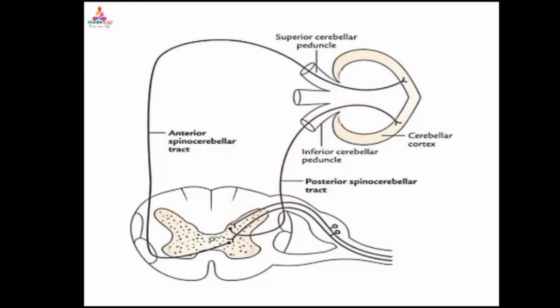The fibers of the anterior spinocerebellar tract enter the cerebellum through the superior cerebellar peduncle and terminate in the ipsilateral cerebellar cortex. The input of both posterior and anterior spinocerebellar tracts is ipsilateral.